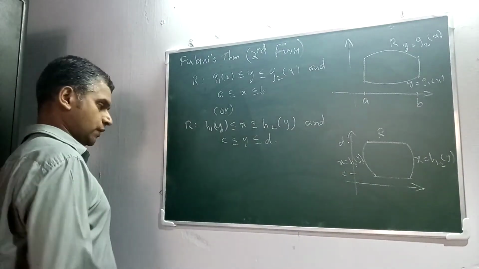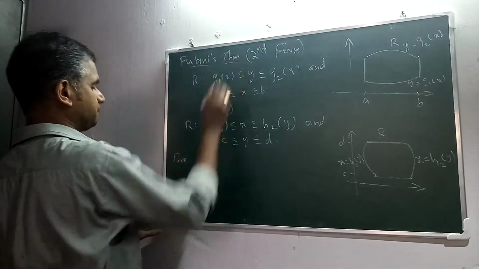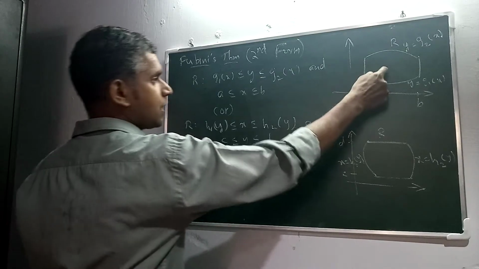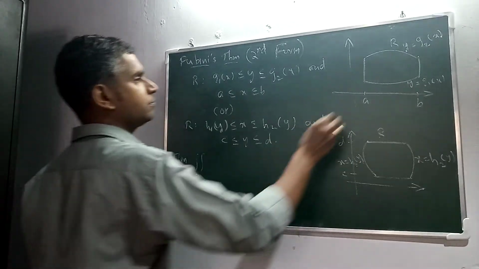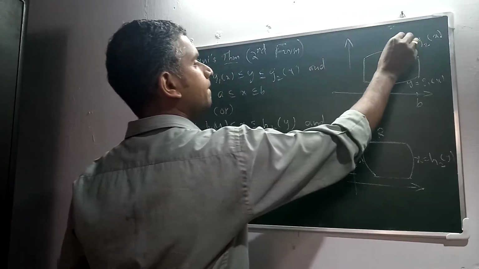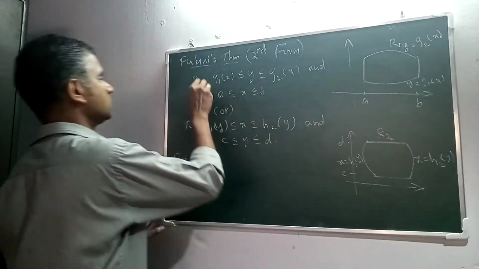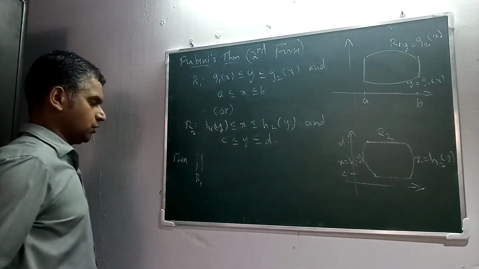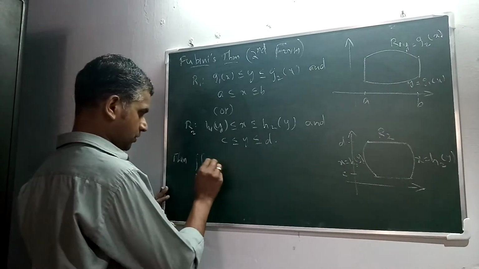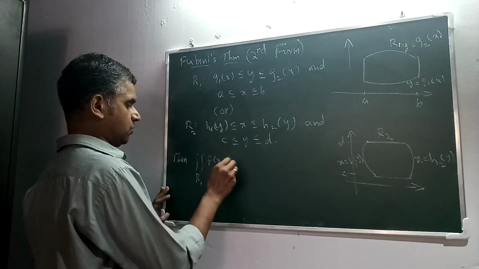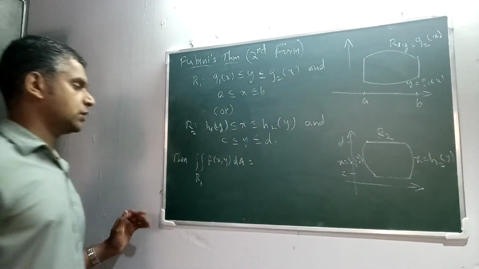Then double integral over R. So Fubini's theorem says double integral over this R, call it R1. This is R2. So this is R1, this is R2. Fubini's theorem says that the double integral of f of x comma y can be calculated as iterated integrals.